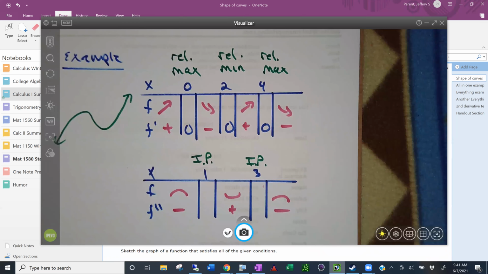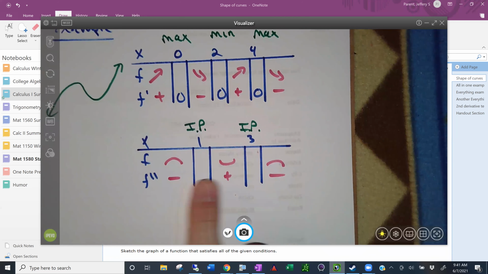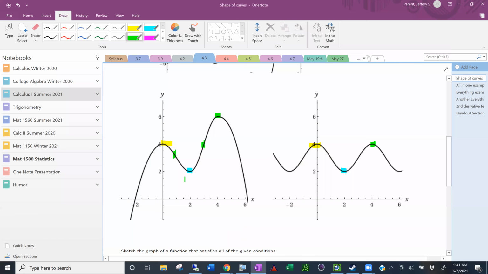So let's think. What are we expecting? We're expecting a concave down, concave up, concave down kind of shape. And those inflection points are going to be at 1 and 3. Does this look reasonable? Yes. Has it knocked itself out of the running yet? No, it hasn't.